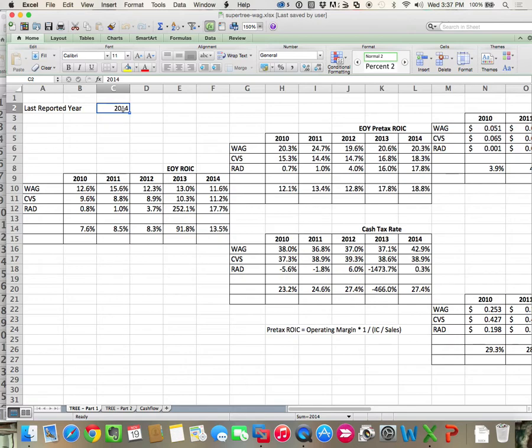For the sake of the end of year averages, I still used the 2013 for CVS, and then used the 2014 for Walgreens and Rite Aid. But the 2014 for Walgreens and Rite Aid is really 2013 data, just because they only have 1 month of fiscal year going into 2014. So it would have been better to just line up the historical years.